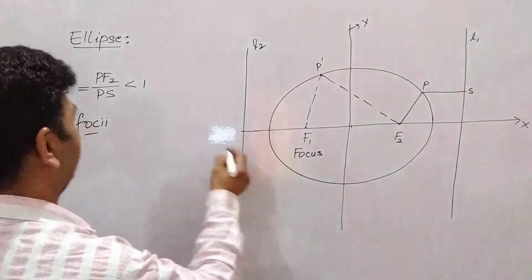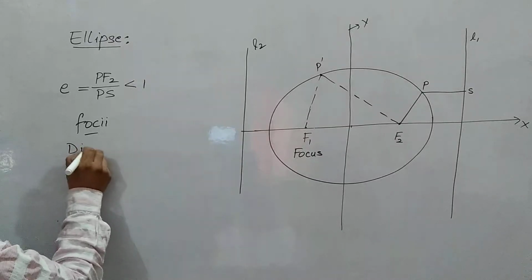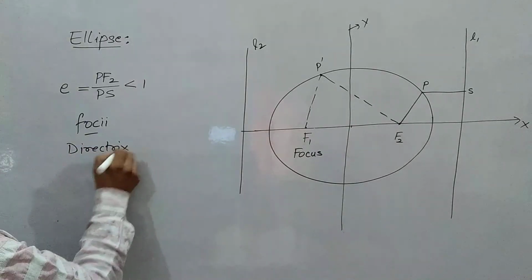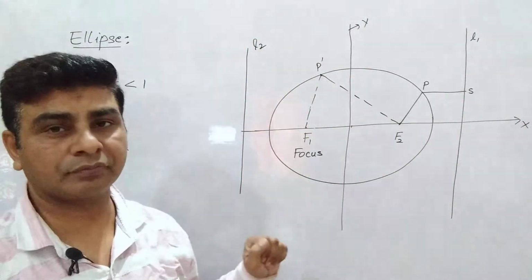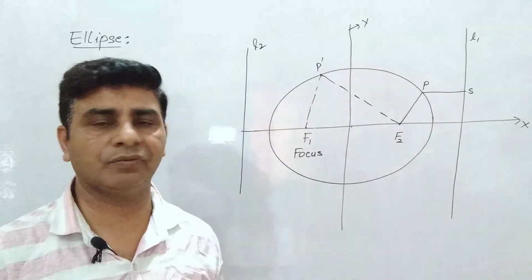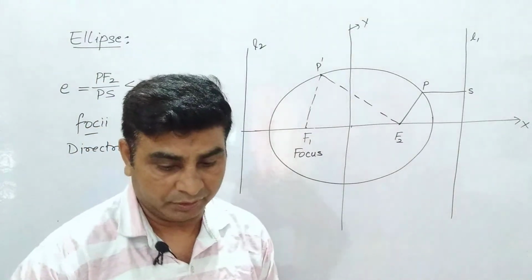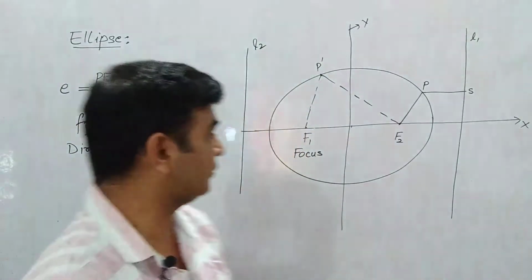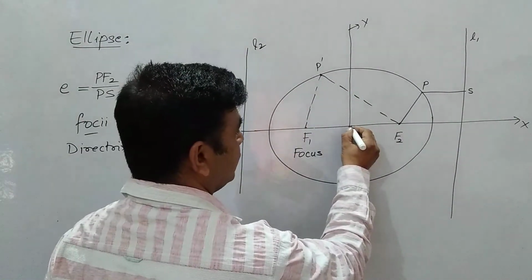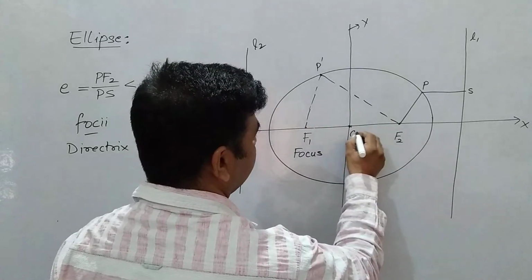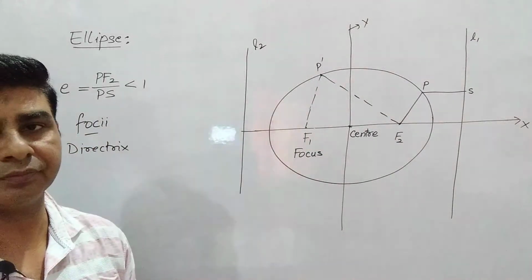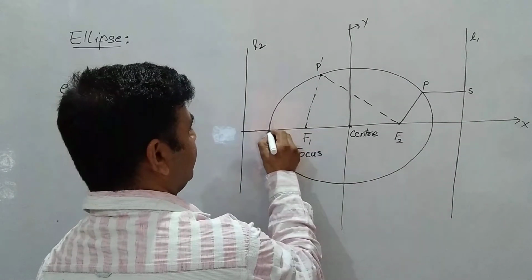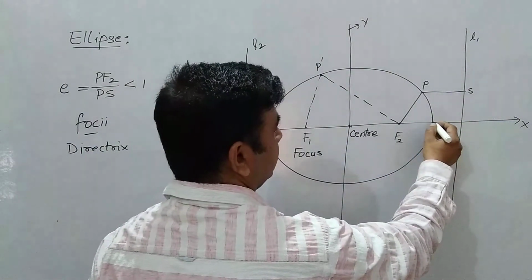And these two fixed lines are known as the directrix. Already we have discussed the directrix. This is a fixed line from which the distance is to be measured from a fixed point. My dear students, now let's see. The midpoint of these two foci is known as the center of the ellipse.